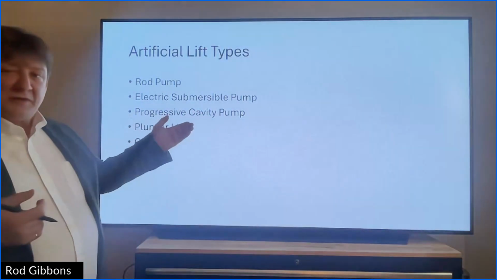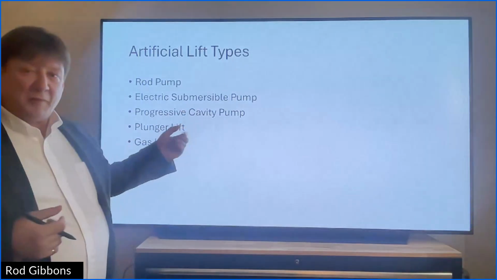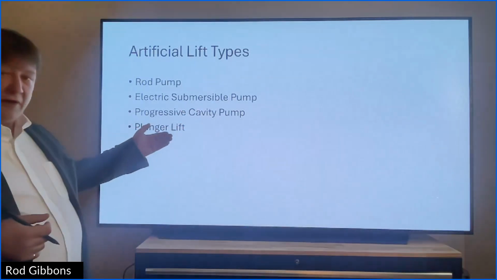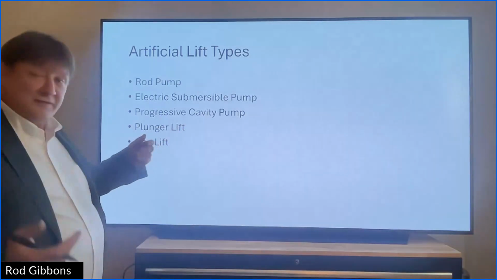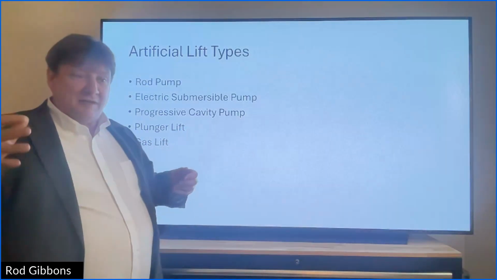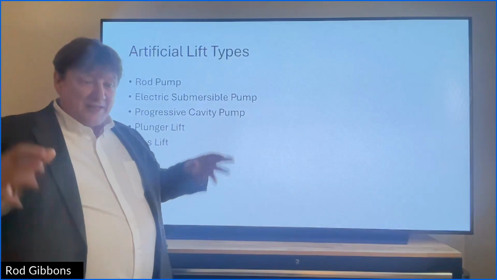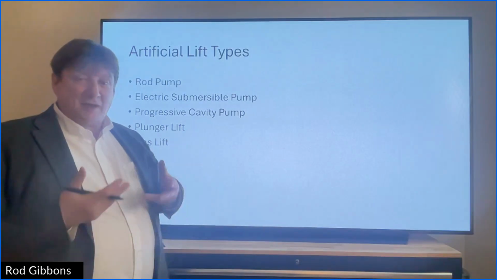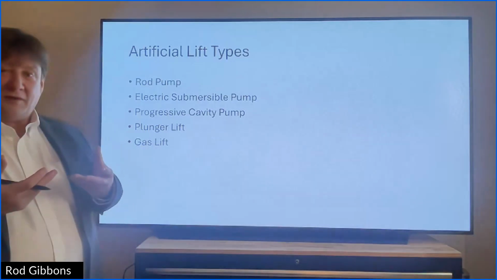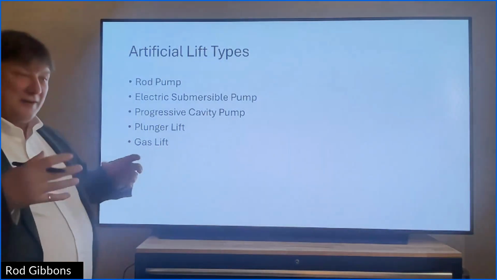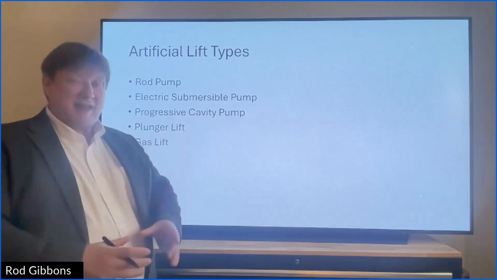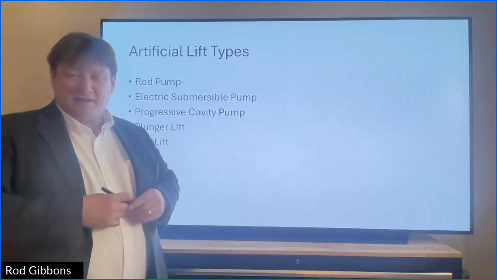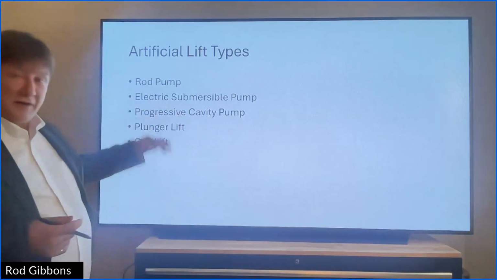Progressive cavity pumps, really good for pumping solids. Plunger lift, combined with gas lift as well. In gas lift, you're putting gas into the well to lighten the fluid column to lift oil and gas to surface. With a plunger, you're doing a very similar thing, but it's using the tubing string and a plunger to lift the fluid up. We're going to talk about all of these.